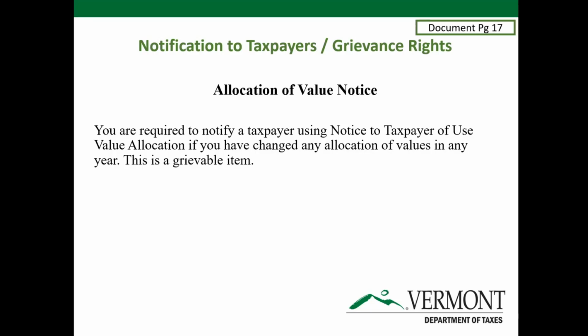Are current use landowners informed of the changes to the use value by the state? They are. So they get a letter telling them what the use values are. But that doesn't tell them what the implication of that is on their tax bill, right?